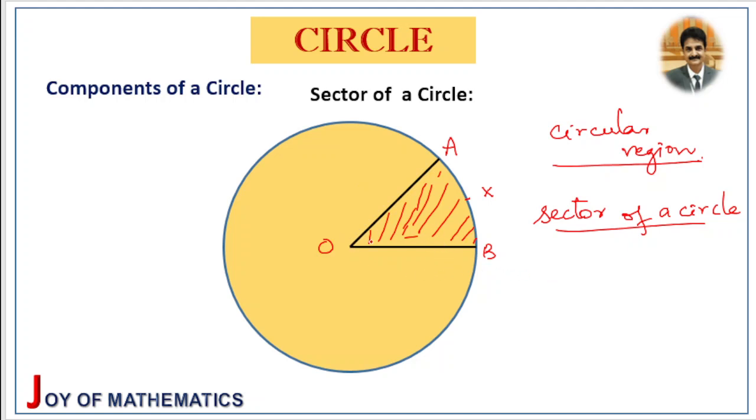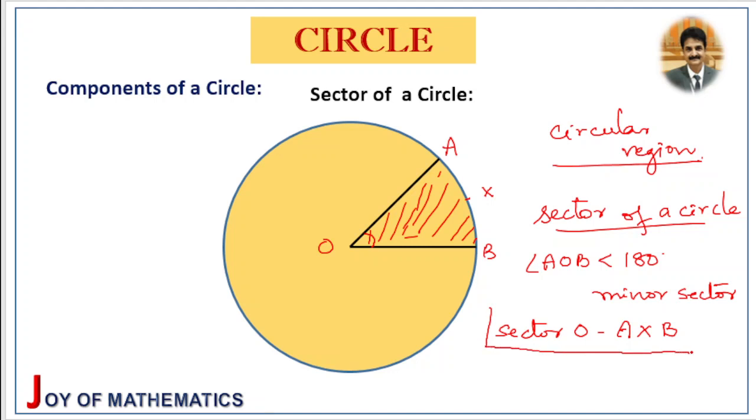Here also, if the angle AOB made by the end points of this arc is less than 180, then it is said to be a minor sector. How do we define this one? Sector O, that is the center, AXB. This is the way we write the sector.